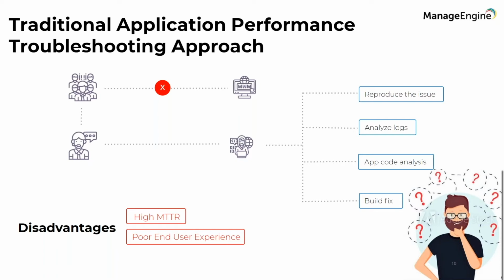The customers will no longer wait if they're trying to perform a critical transaction, and if the website is not available, or if they're unable to perform any transaction, that's where the user gets irritated, and it becomes an escalation to the customers or to the stakeholders, and they are under high pressure to fix the issue within a short deadline. So this needs to be addressed with an efficient application performance monitoring solution.